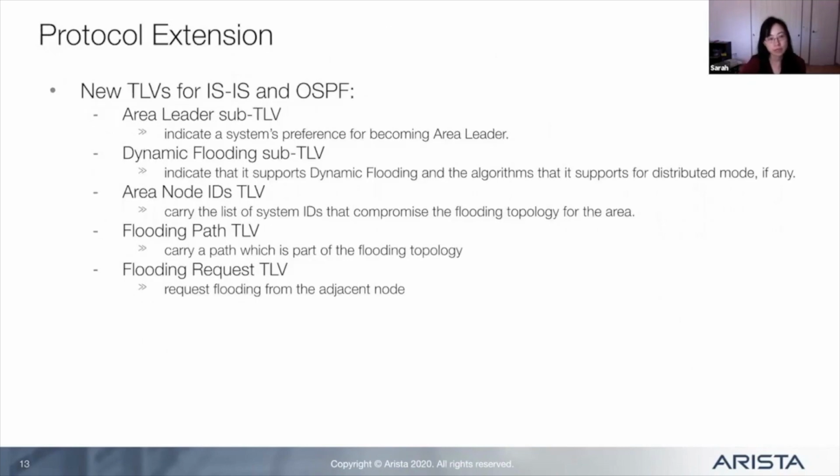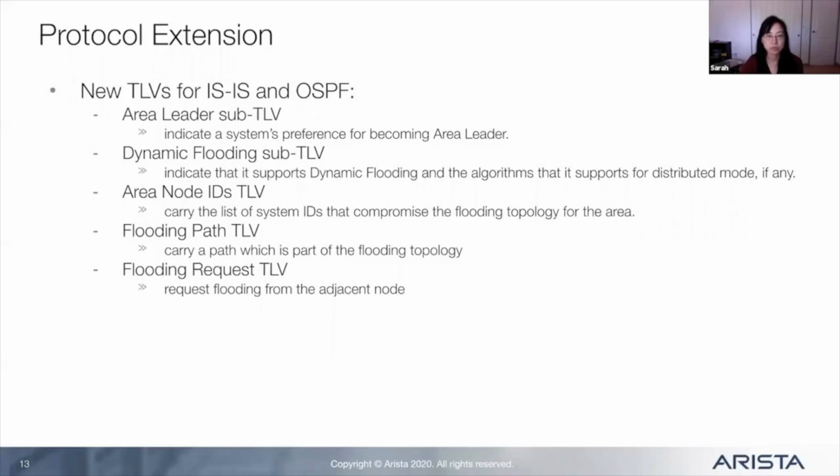So we have extended the IS-IS and the OSPF protocols to do the dynamic flooding. In particular, we added the area leader sub-TLV, which basically indicates whether a system is willing to be an area leader or not.